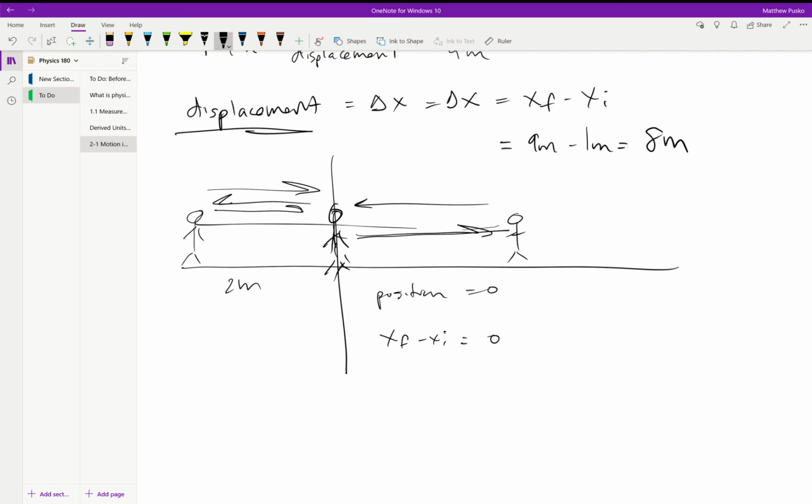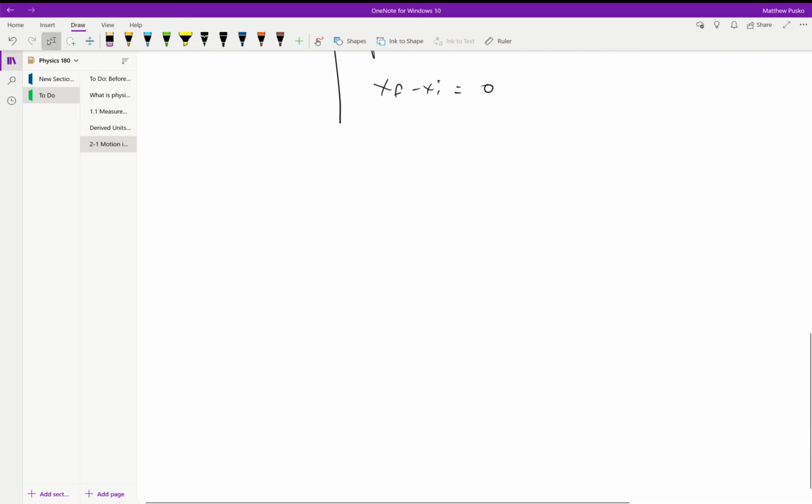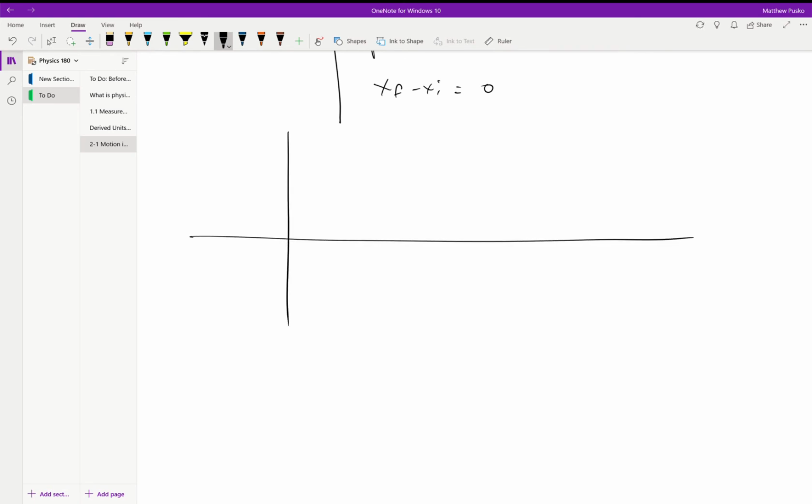Okay, so if we have something's position at 2 points, let's say we've got someone running and they're over here at some other time. Let's call this x1 and this x2, and this would be x is equal to 0.